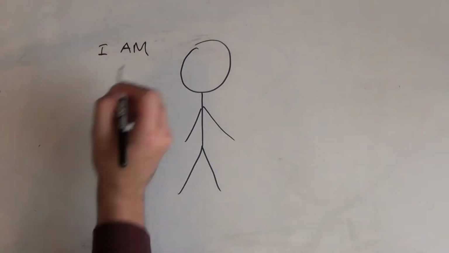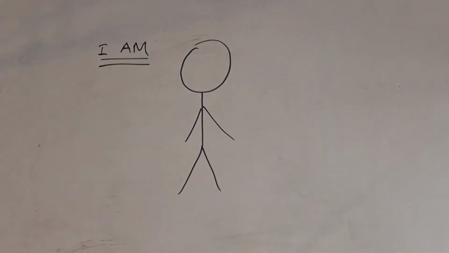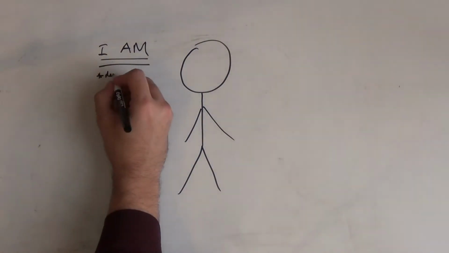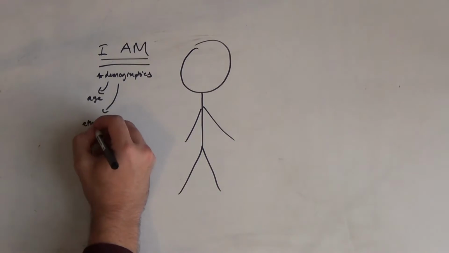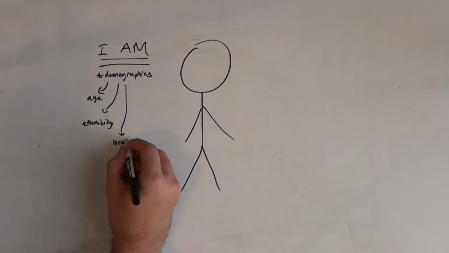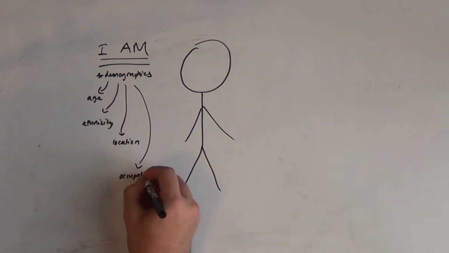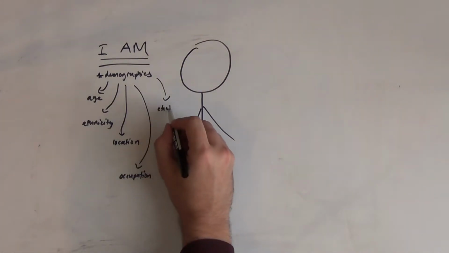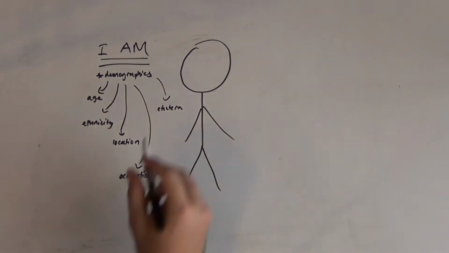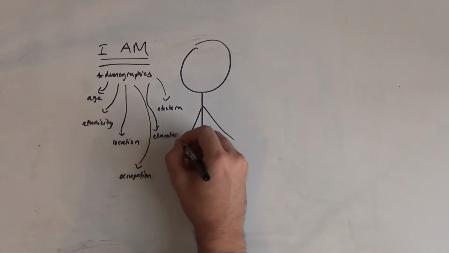In saying that, let's take a look at the 6 different categories, and we're going to start off with I am. This is the first category in the persona. It's one of the most important to establish empathy, and it includes a lot of different demographics. For example, age, ethnicity, location, occupation, and a bunch of other stuff, like education and things that the organization might find useful when prototyping or generating ideas and solutions.